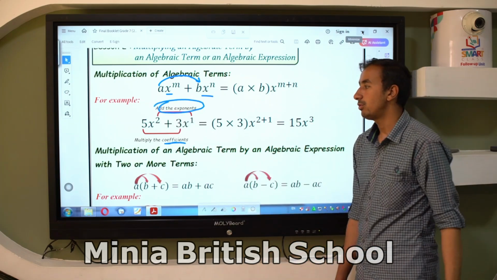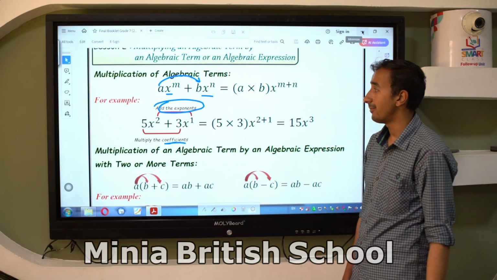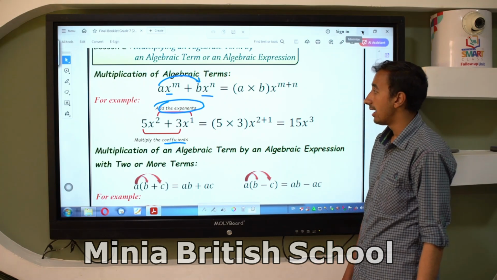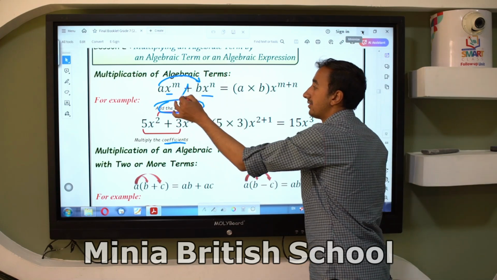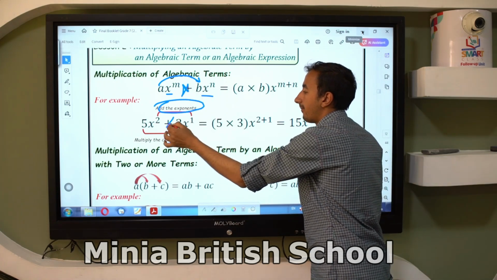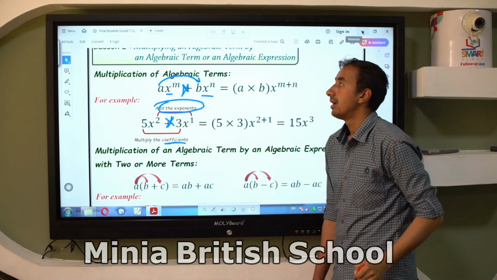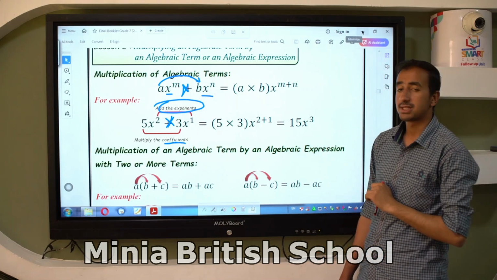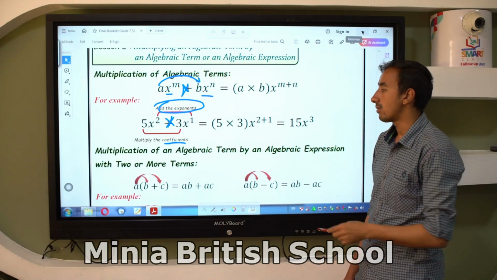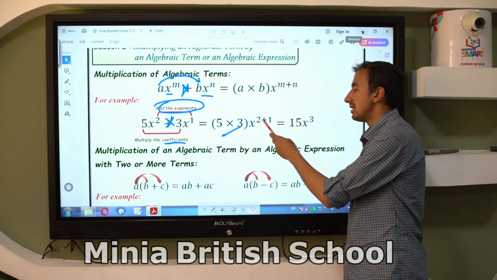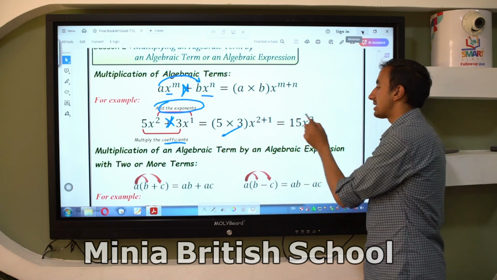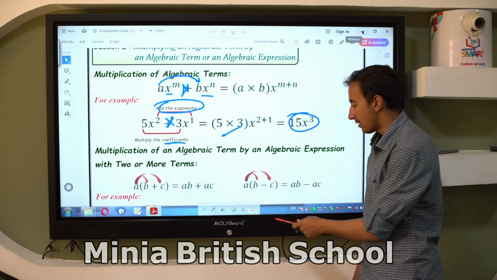So 5x power 2 times 3x power 1. 5 times 3 equals 15. x power 2 plus 1 equals 3. So 15x power 3.